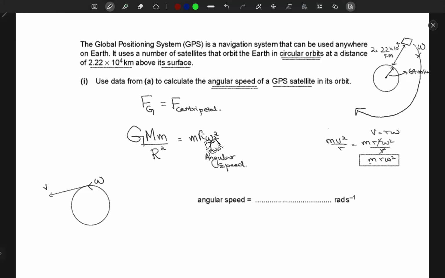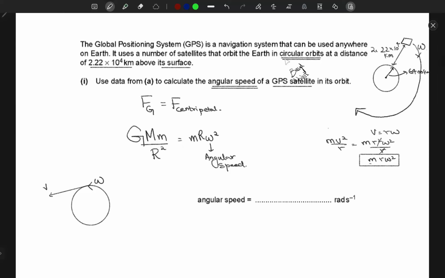Now, on the right-hand side, we can say that this gravitational force is the cause of the centripetal force on this satellite. So this force of attraction is causing this satellite to remain in this circular orbit around the Earth.